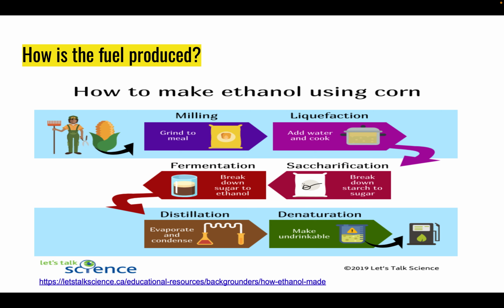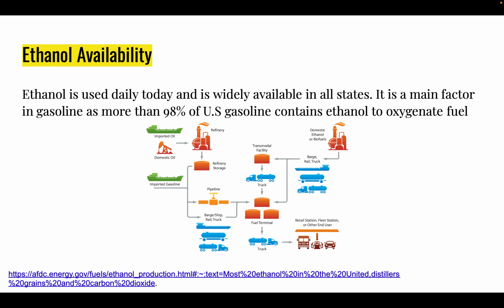And our fifth step, distillation, is when we extract water from that ethanol and remove all water from the ethanol, which leads us into our sixth step, denaturation, where we denature the ethanol to produce the ethanol we use in gasoline today.